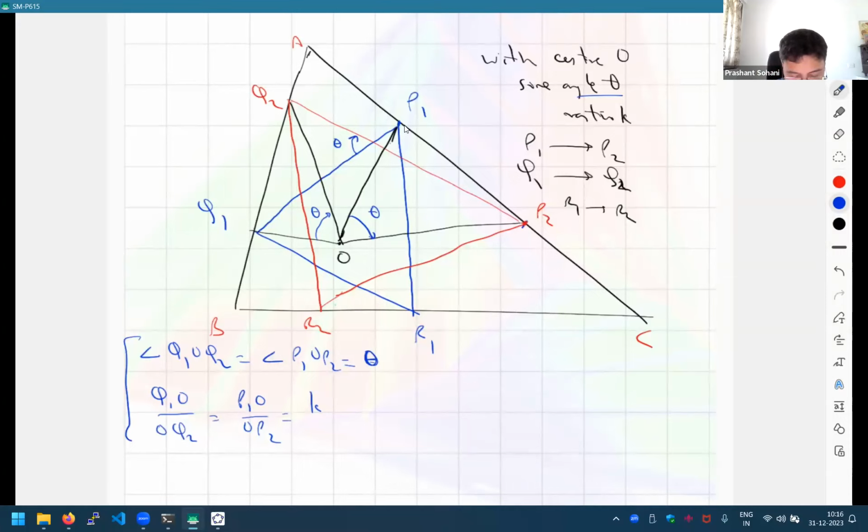On the basis of this, can you see some similar triangles in the diagram? Which triangles have all of these quantities related to each other?